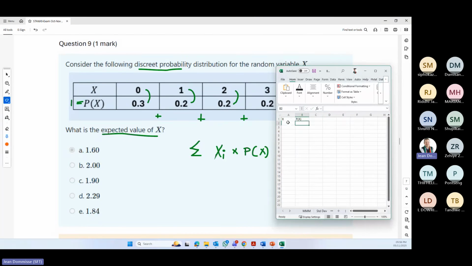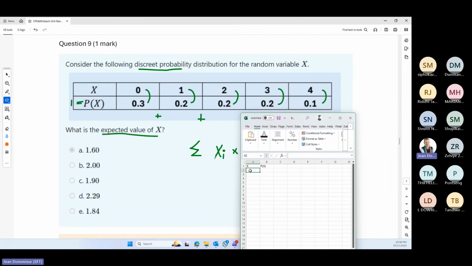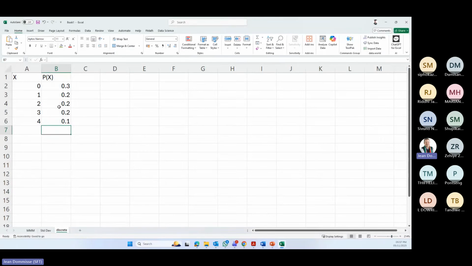But one can use Excel like you would have used the calculator, just to make it simpler for you to work out. Because I also want to include for you the variance or standard deviation if I ask that. So let's just make that bigger again.